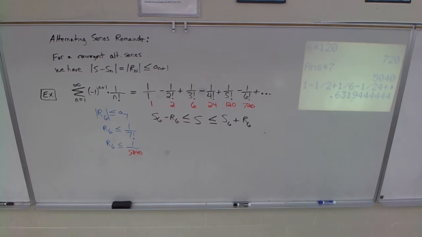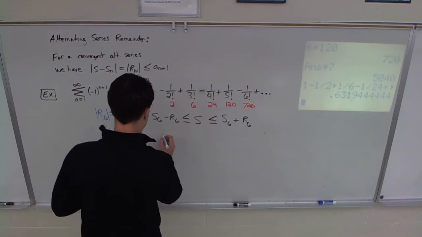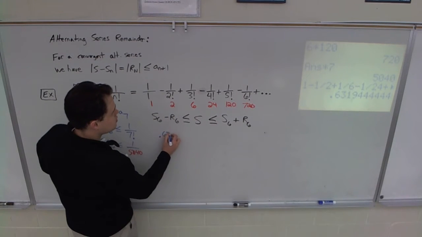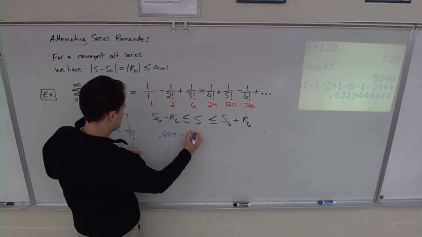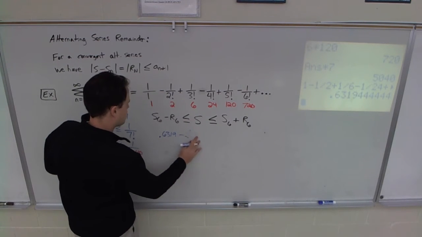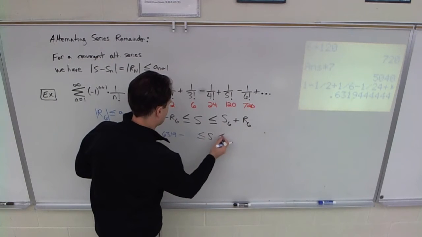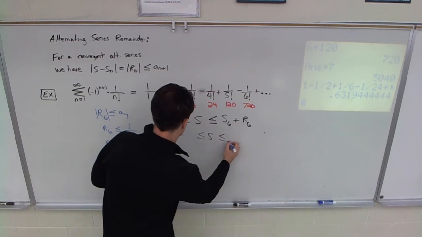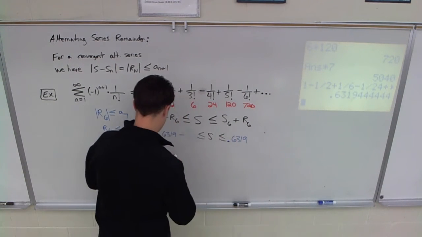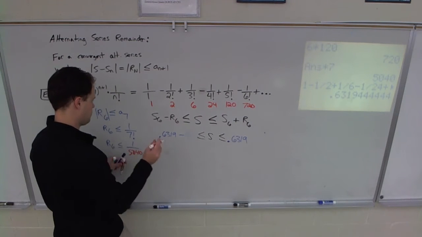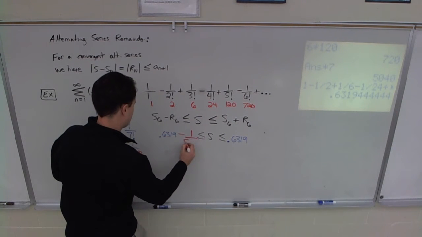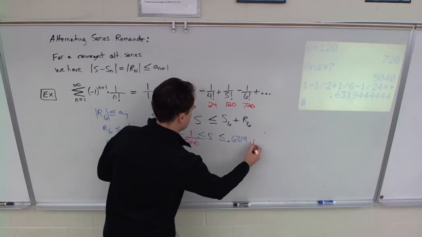There's s sub 6. So we're going to have 0.6319 minus the remainder that we came up with. Same number here.